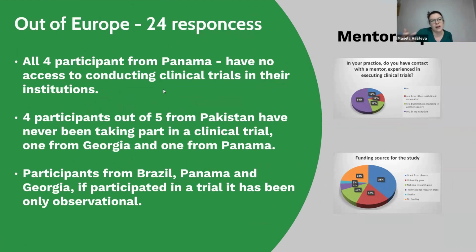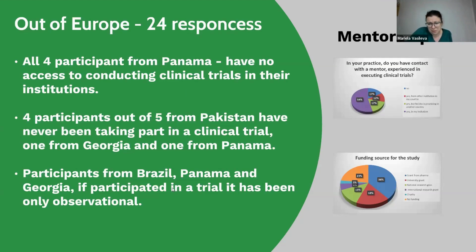But what stood out is that all 4 participants from Panama, for example, have no access to conducting clinical trials in their institution. 4 out of 5 participants from Pakistan have never taken part in clinical trials, and also 1 from Georgia and 1 from Panama. And participants from Brazil, Panama, and Georgia, if they participated in a trial, it was only observational.